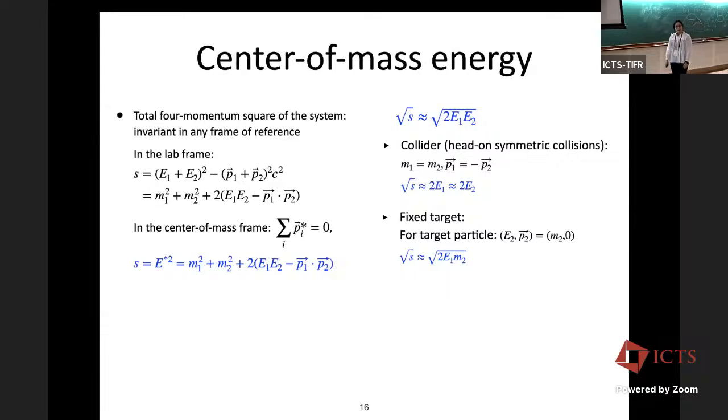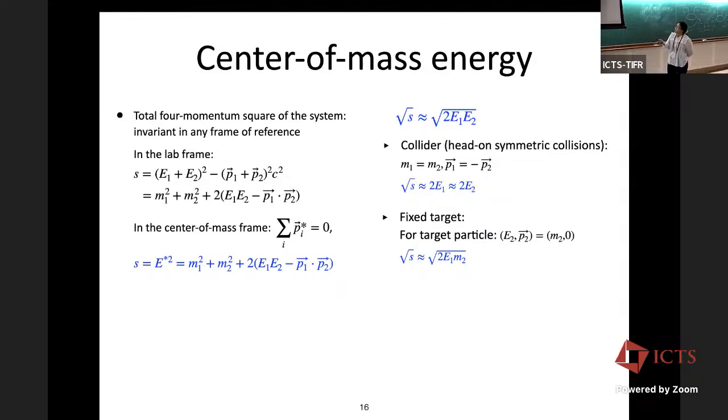So the two parameters that are important for the accelerator, these are the parameters that characterize the performance of the accelerator. One is the center of mass energy. We talked about it a little bit in the previous lecture. Center of mass energy is basically the maximum energy you can achieve in a collision.